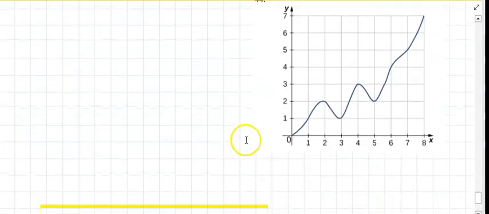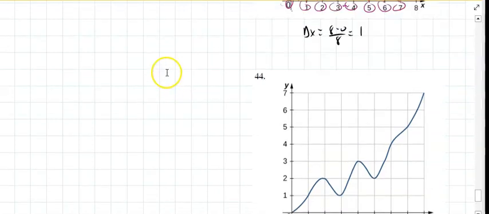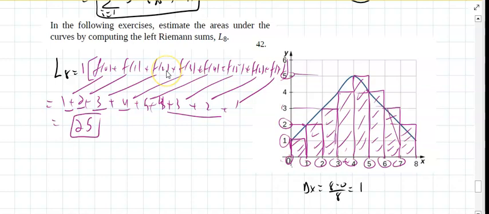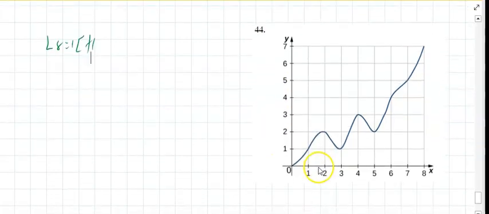And we have another one, the same deal. We want to run from 0 to 8. They just want left. Not a problem. If you want to find L sub 8, again, that's 1 times f of, and here it goes. It runs from 0 to 8 again.